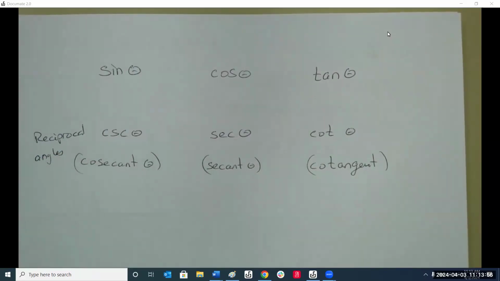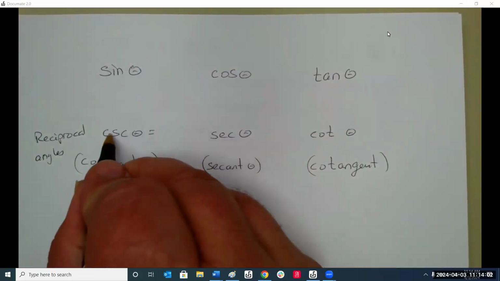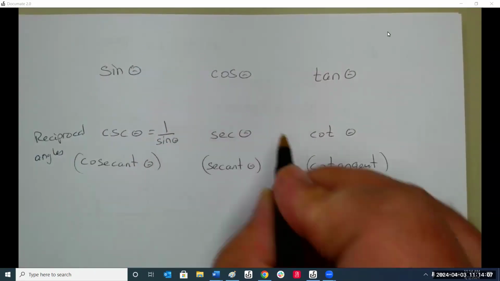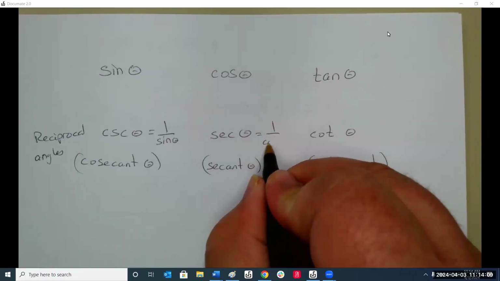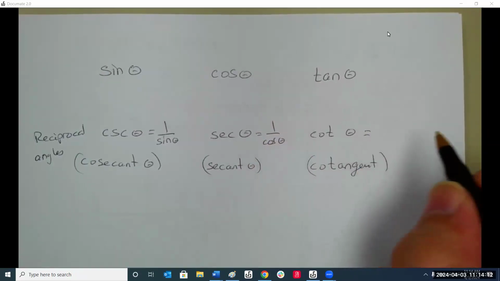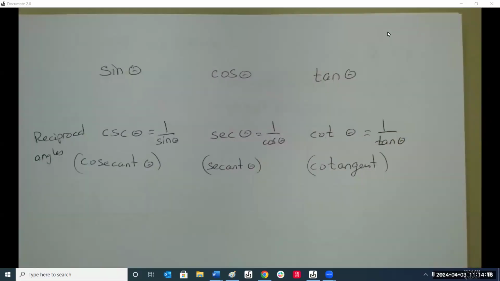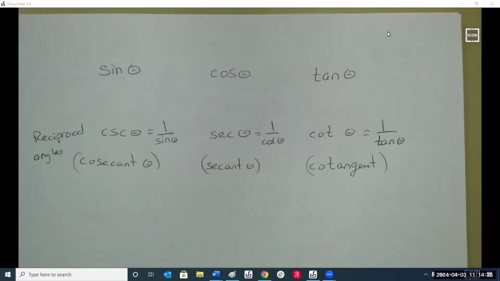These are what we call reciprocal functions. In other words, cosecant is the same thing as 1 over sine. Secant is 1 over cosine. And cotangent is 1 over tangent. So they're reciprocals of them. That's fine and dandy. We have to first see what sine, cosine, and tangent are.